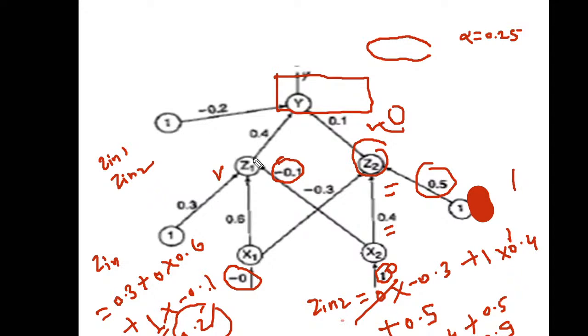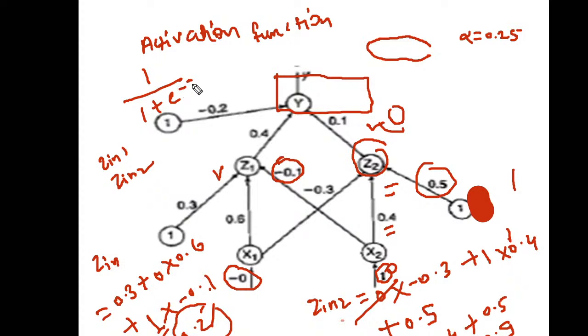Now once you have the total net input z in 1 and z in 2, it is our duty to calculate the net output of z1 and the net output of z2. So how are we going to calculate this? Here comes the activation function. Which function will we use? We will use this particular function, 1 upon 1 plus e raised to minus x.